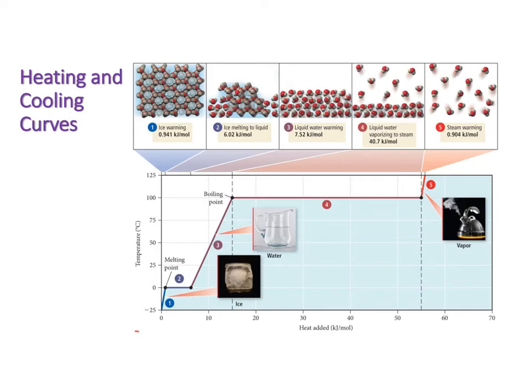So first you would start off as a solid or ice, right? And then it would require a certain amount of heat in order for it to melt. As it melts, it can stay at that heat until it all completely finishes melting. At that point, when it's all completely melted, you would require a large amount of heat added, which is this amount of heat right here.